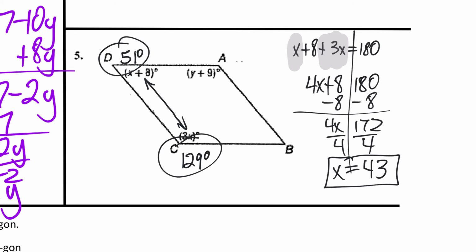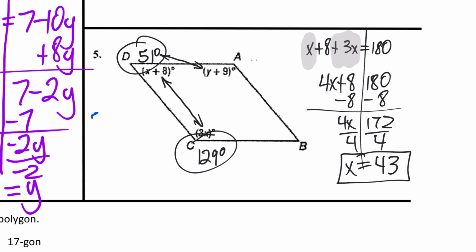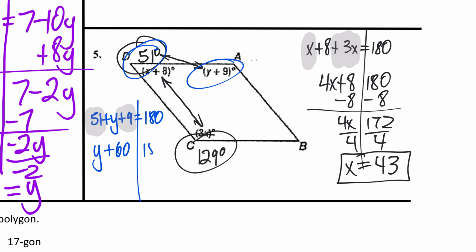So what do I know about these two angles right here? They're supplementary also because those are consecutive angles. So on this one, the 51 plus y plus 9 equals 180. Right? This angle and this angle add up to 180. So when I combine like terms on this one, 51 and 9 make 60. So I have y plus 60 equals 180.